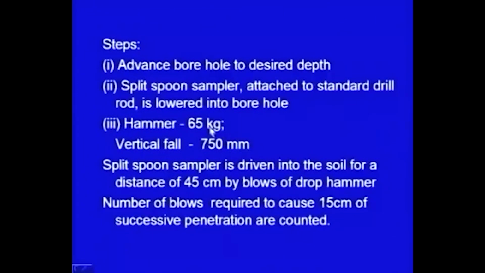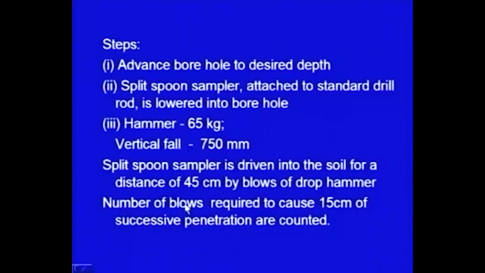This is also the standard fall as per the IS specification. Now, this hammer is allowed to fall freely. Because of that, the split spoon sampler is driven into the soil for a distance of 45 centimeter because of these blows of the hammer, and while doing this we keep counting the number of blows.